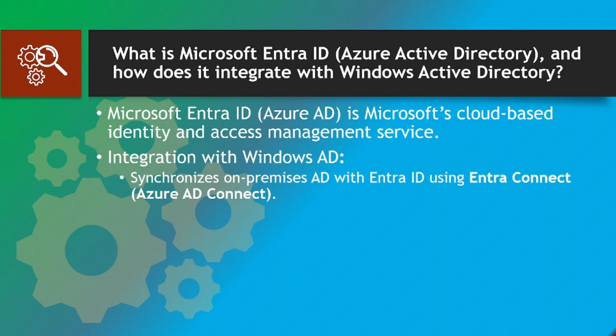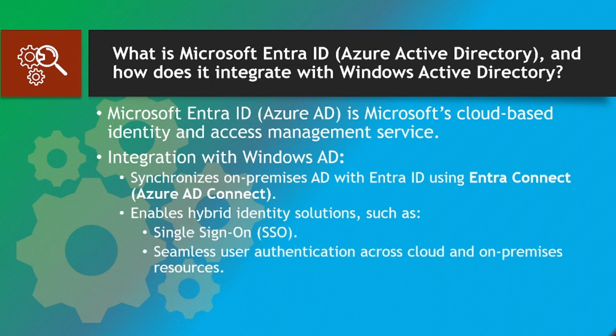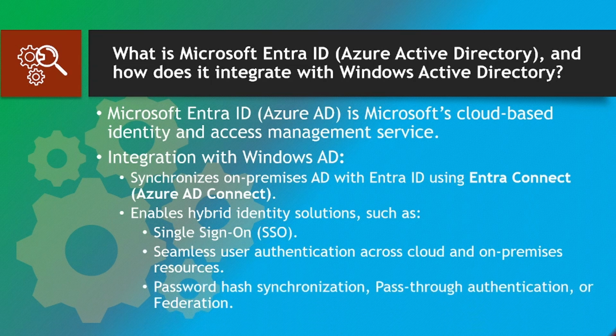It is a tool which helps in integrating the on-prem AD with Entra ID. Enable hybrid identity solutions such as single sign-on (SSO), seamless user authentication across cloud and on-premises resources, and password hash synchronization, pass-through authentication or federation. So these are the ways through which we can do the integration between both the ADs.